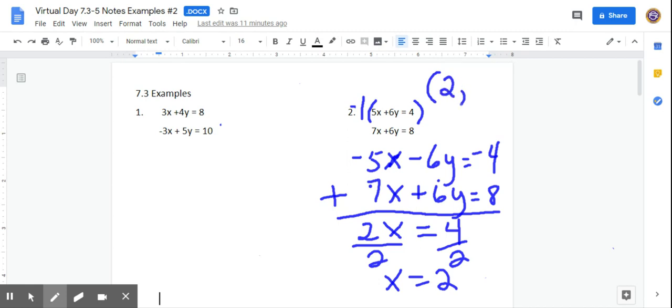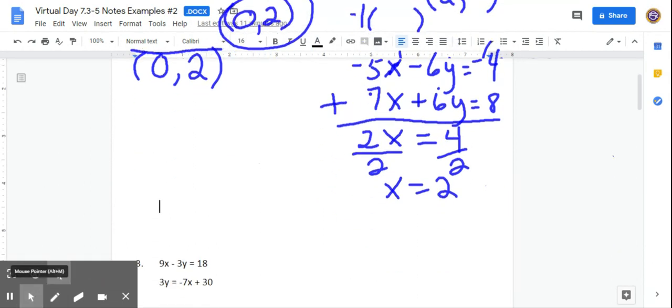I need to find y. Okay? All right? So this one over here, I could have kept this as 0, comma 2, correct? 0, comma 2. All right, so now I have to find y. So again, I'm going to take my x equals 2, and I'm going to choose one of the equations.